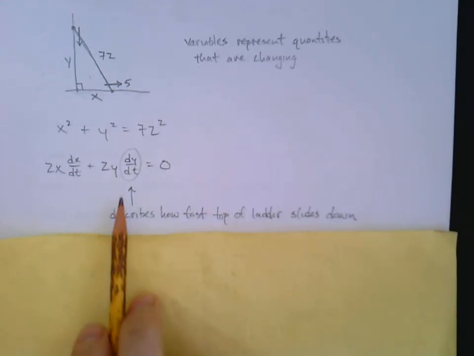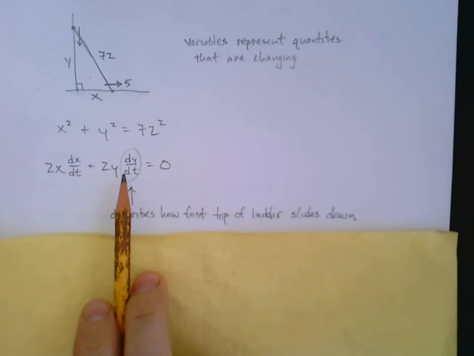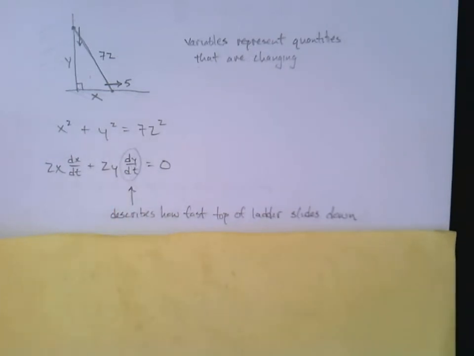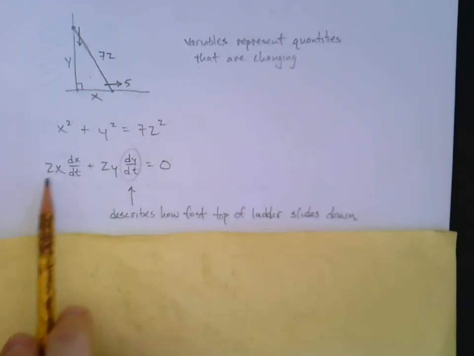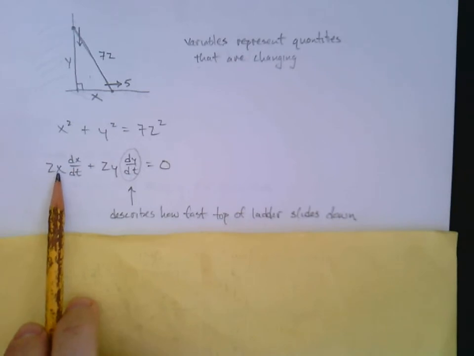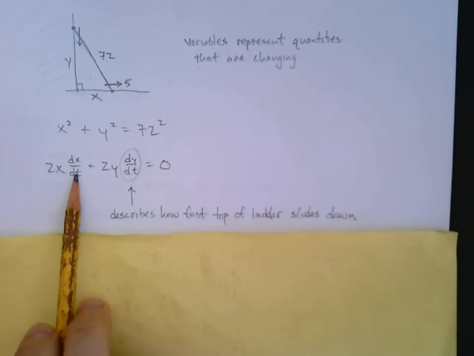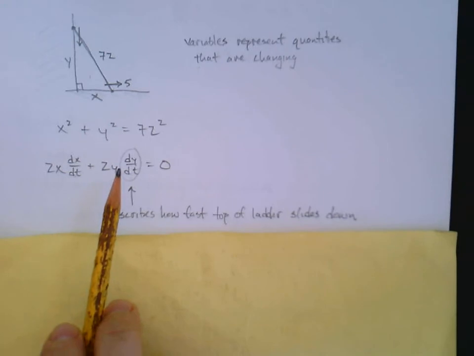So in the end, we're going to get a number for this. We're trying to figure out what number this dy over dt is. If we're trying to solve for that, it must be the case that we know the values of the other three unknowns, right? We're going to plug in a value for x, plug in a value for dx over dt, that whole thing is 1, and plug in a number for y.